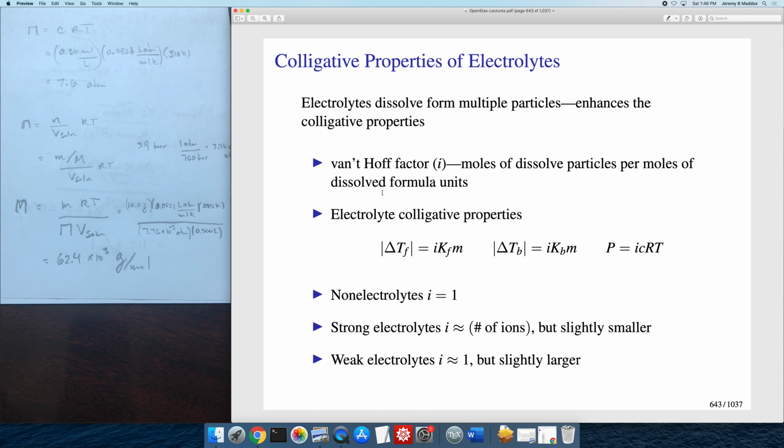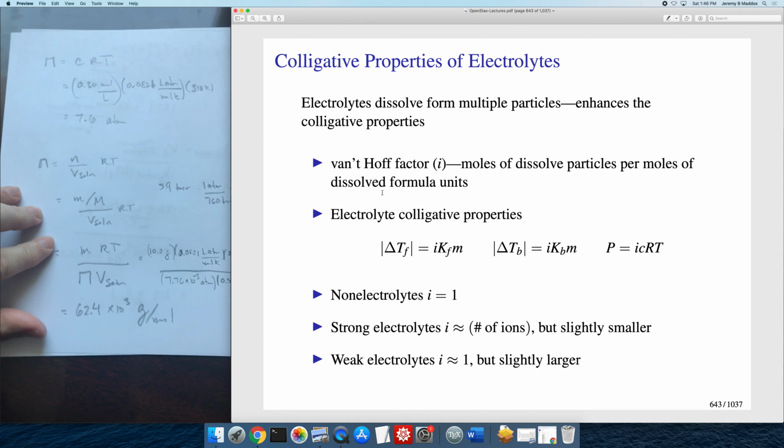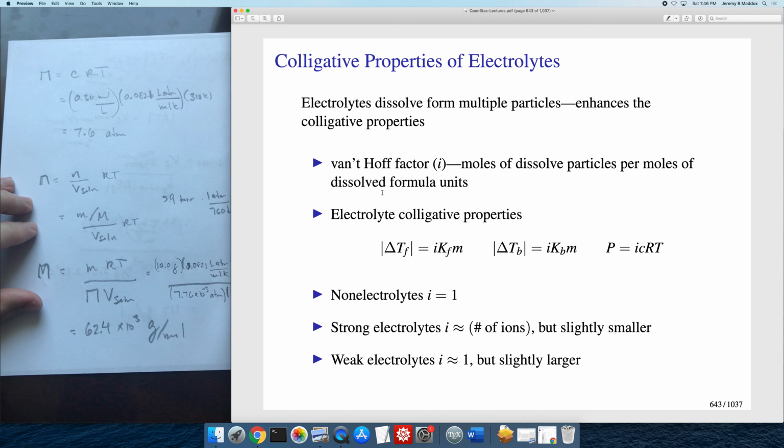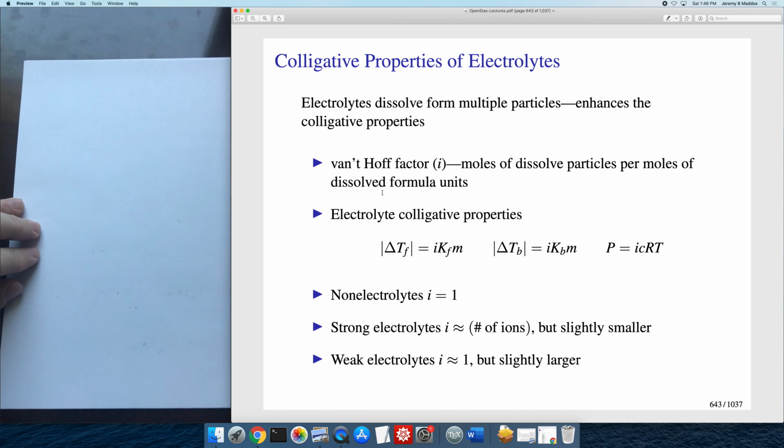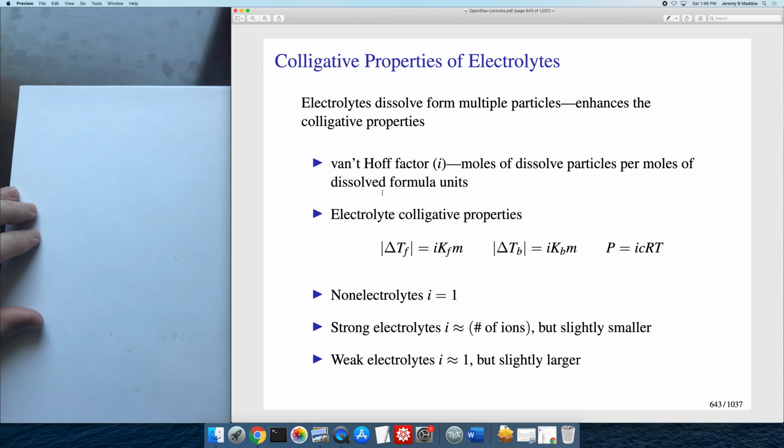One last but very important topic, the colligative properties of electrolytes. The thing that you have to watch out for with electrolytes is that when they dissolve, you get multiple particles forming, right? You get both cations and anions.